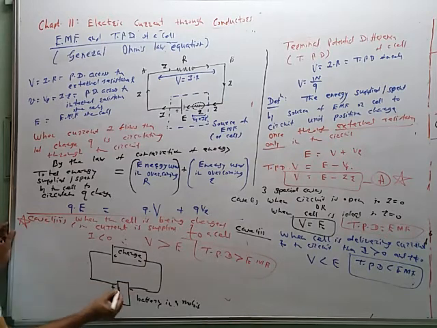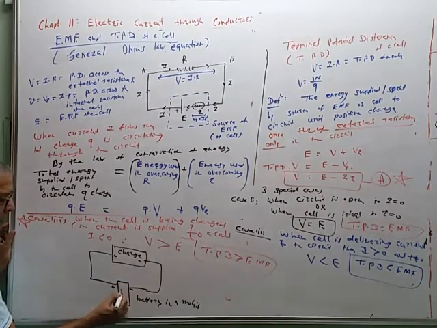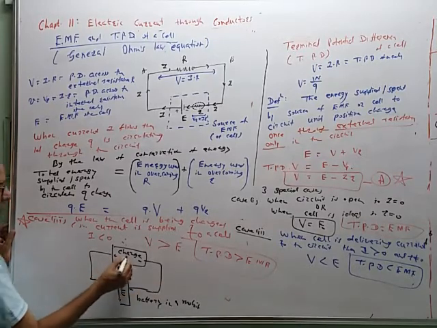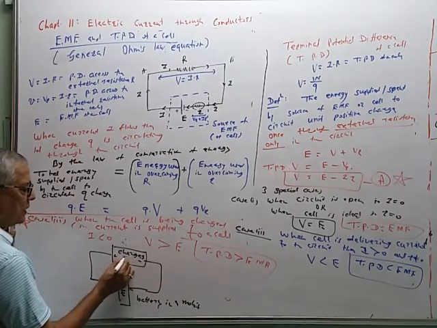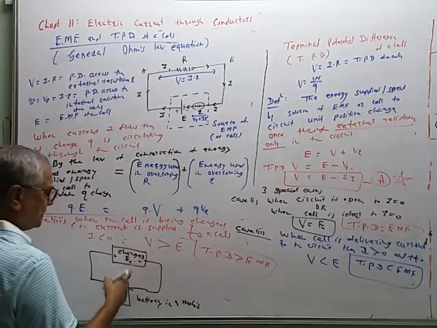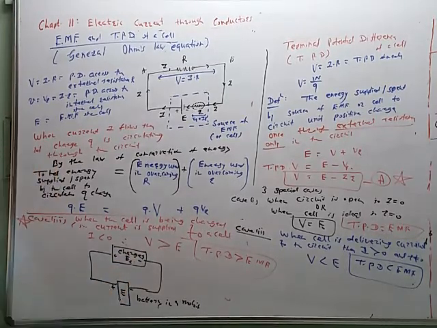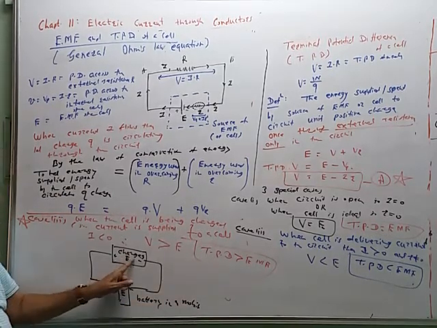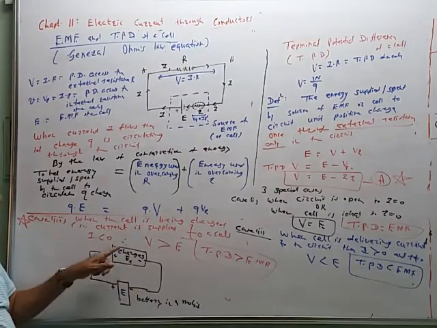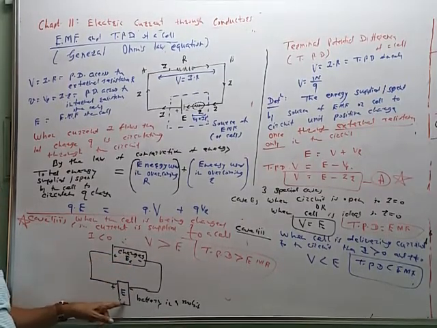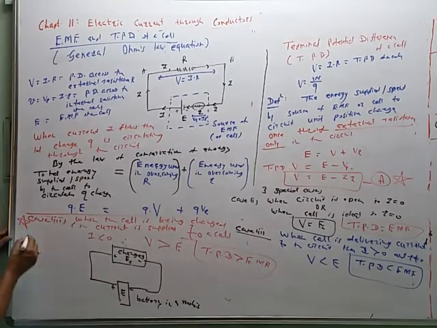So in this case, this battery used in the mobile has EMF E, and this charger circuit has EMF EC. So EC is the EMF of the charger circuit and E is the EMF of the battery in the mobile. आता याचा करंट, चार्जरचा करंट जर याला सप्लाय करायचा असेल तर नेसेसरी कंडिशन काय झाली?